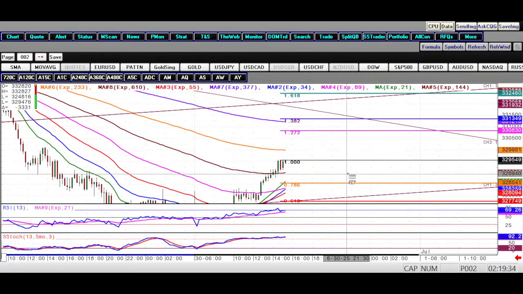So now we are going to go for a buy at 3291.